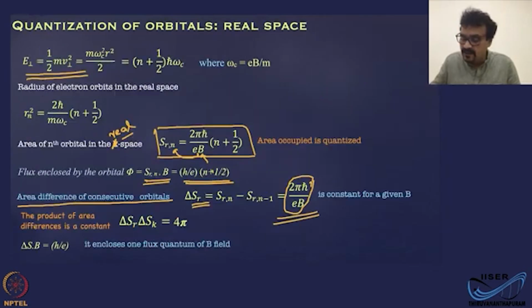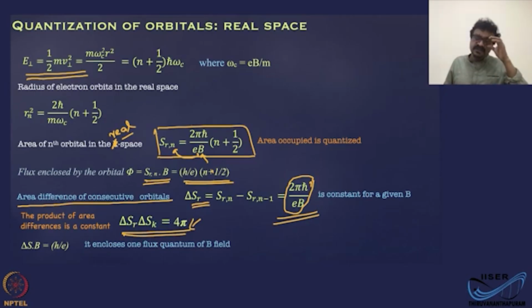Now the product of this area difference in k space and real space is 4π. It's a constant, and it should be a constant because these two are actually inverse in dimension, and you should get a quantity which is unitless, basically 4π.